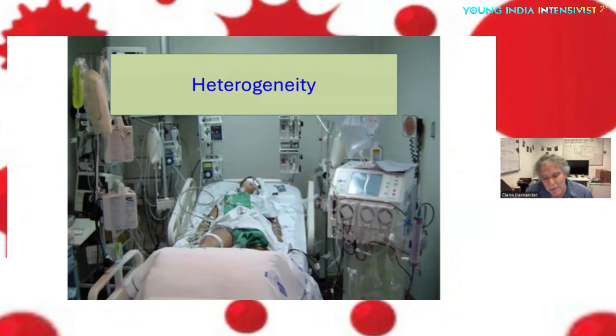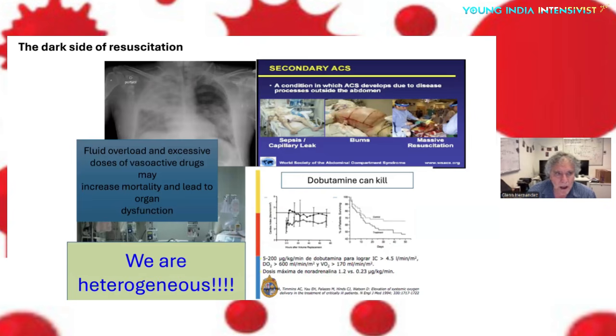A broader problem in resuscitation is the extreme heterogeneity of critically ill patients. There is not one patient equal or similar to another one. It's very heterogeneous, as you may know. And we also know that resuscitation has a dark side.